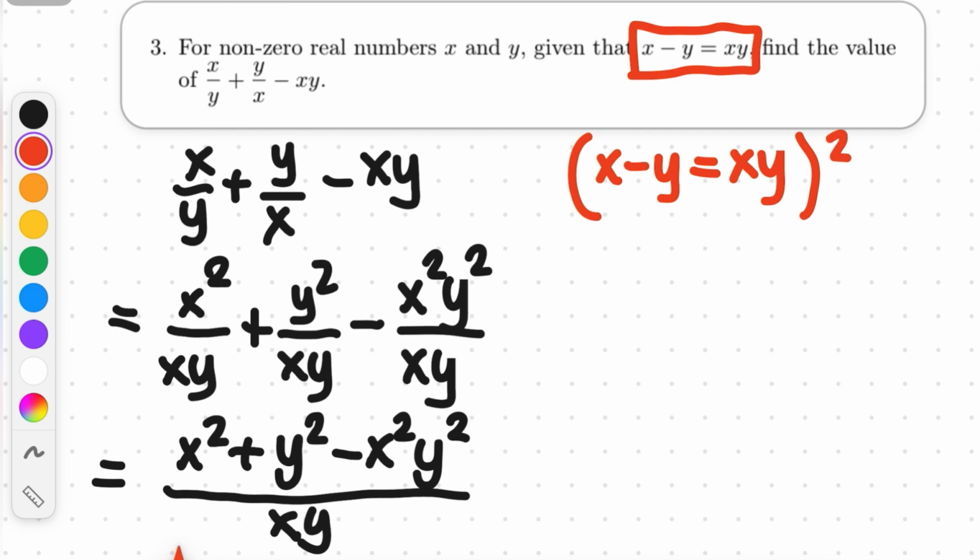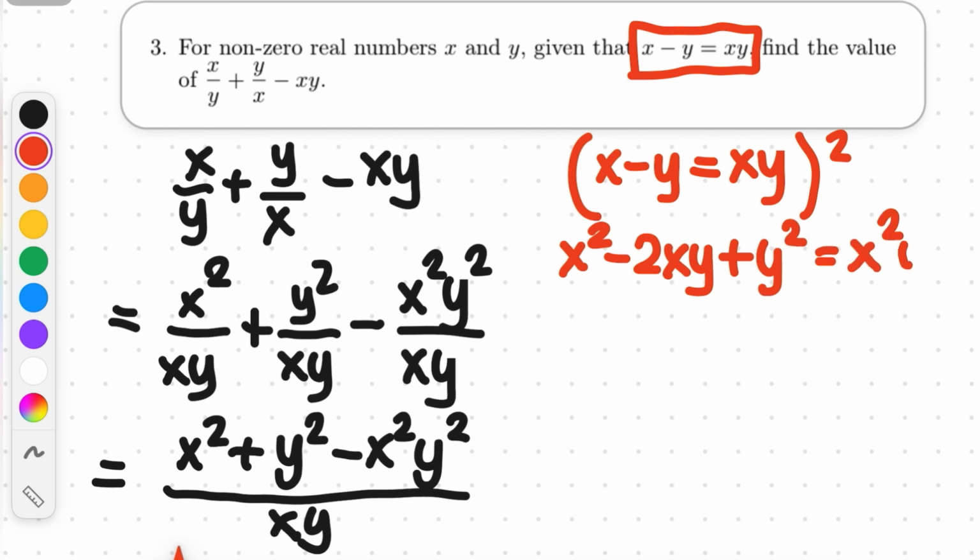So that will give us x squared minus 2xy plus y squared equals x squared y squared.